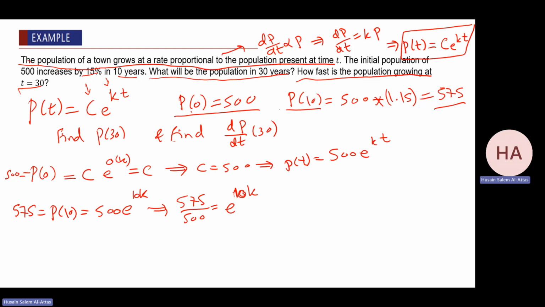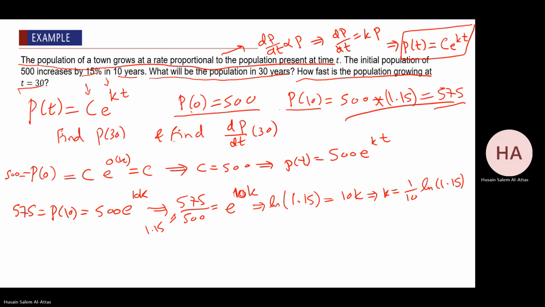I will take ln of both sides. 575 over 500 is 1.15, so ln 1.15 equals 10k. So k is (1/10) ln 1.15.